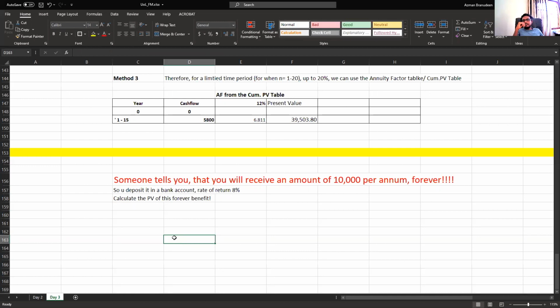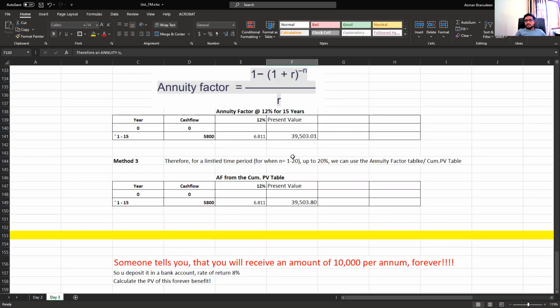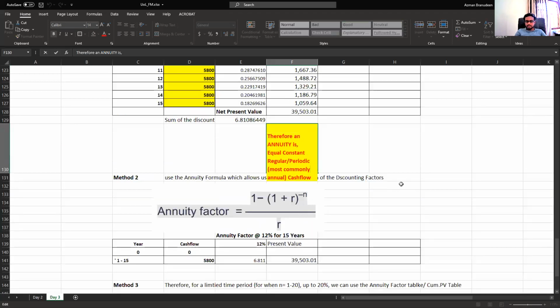Isn't this an annuity? Yes, it is an annuity. It has the same behavior. It is an equal, constant, regular cash flow. But the difference from an annuity is that an annuity is for a limited and known time period.